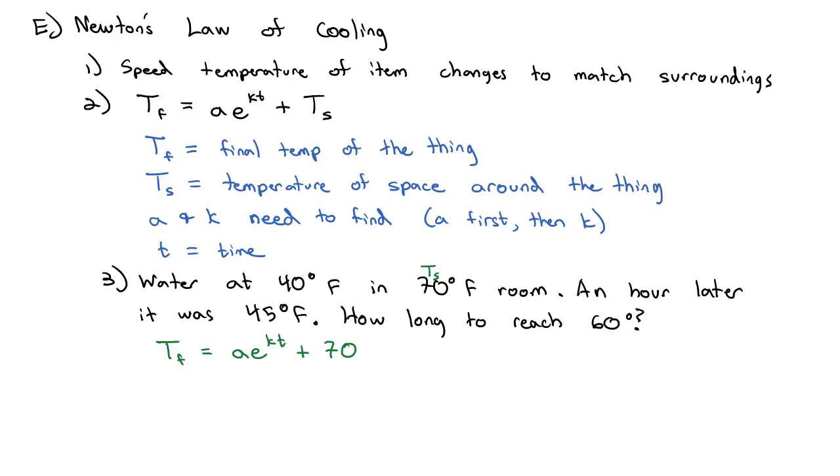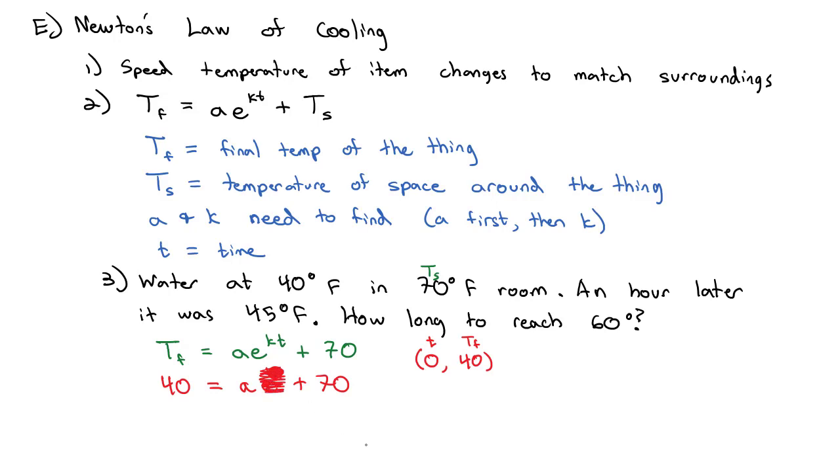First thing we're going to do then is to figure out what A is. And the easy way to figure out what A is, we say if time is 0, what is the final temperature? What is the temperature at 0 time passed? Well, it started at 40 degrees. So 40 degrees is equal to A times e to the 0 times k, because time is 0, plus 70. What's nice about this is 0 times k is 0, and e to the 0, anything to the 0 power is 1.